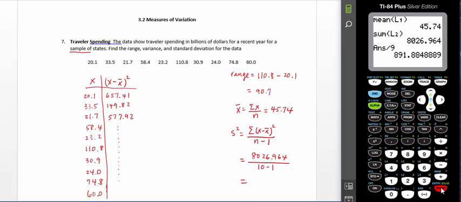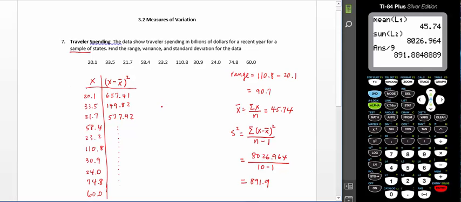And after I divide by 9, that number is my variance, 891. I'll round it to 9, but to compute standard deviation, I'm going to use this number. It carries more decimals that will make my standard deviation more accurate.